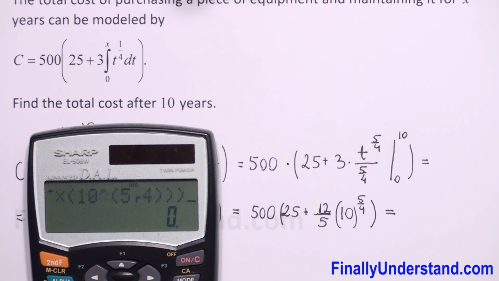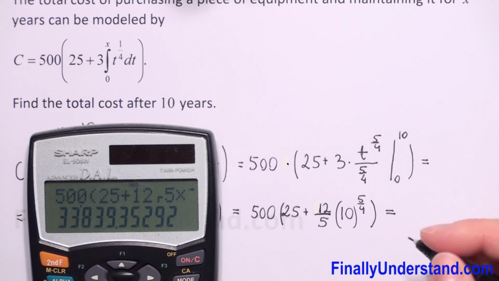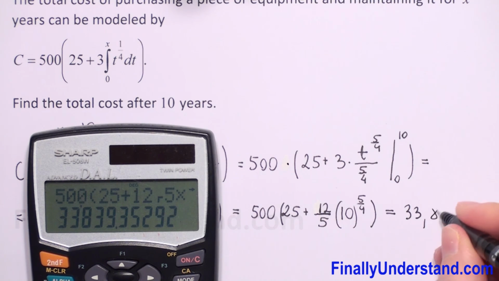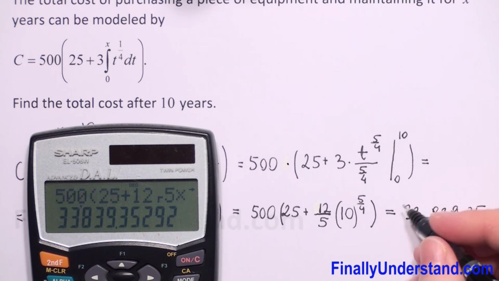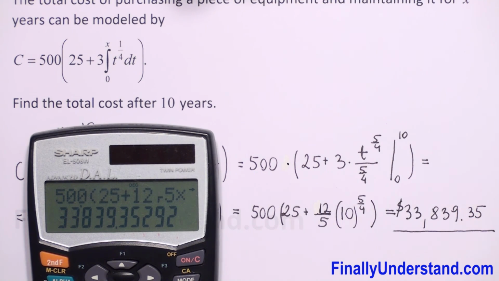Close parentheses. This is equal to 33,839.35 we can write. So I only have to add the dollar symbol. This is my solution.